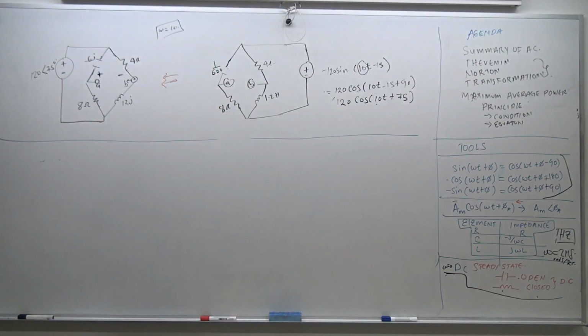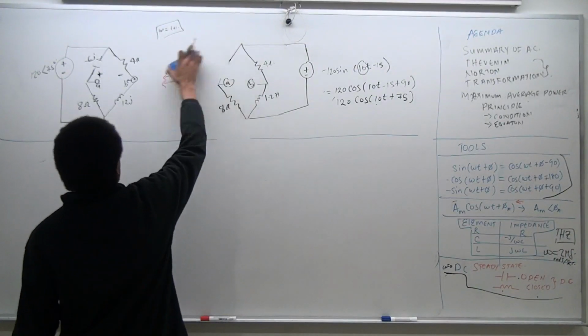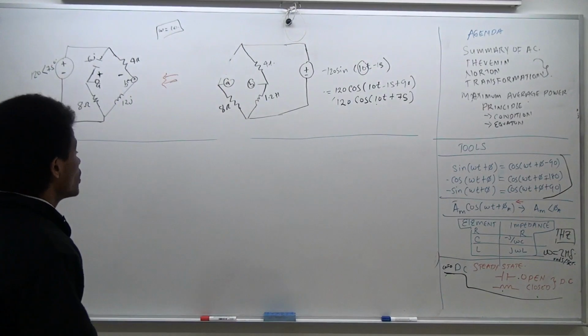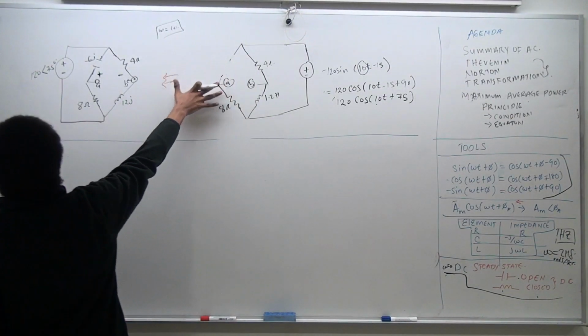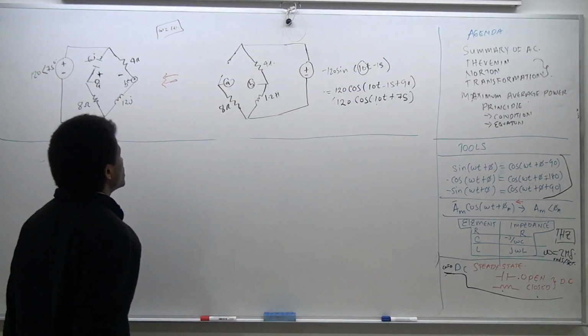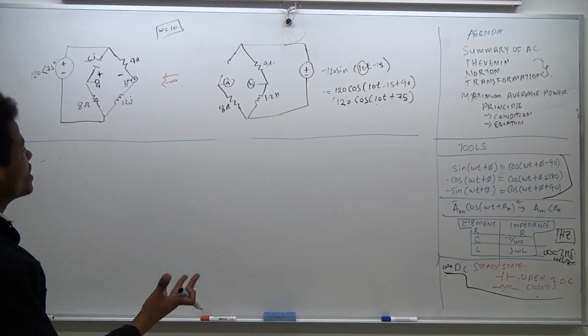I want to know what this is, because I want to solve this problem. What does this capacitor have to be for this transformation to be consistent? That's the question I'm asking. It should be a decimal number.